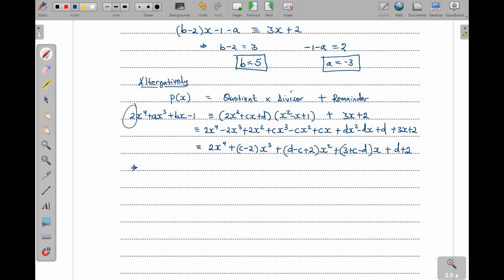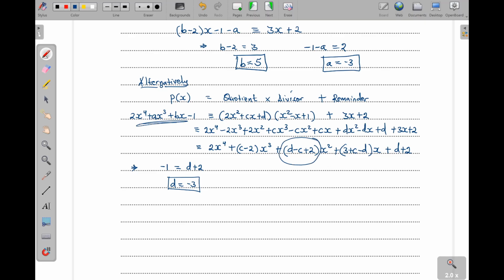So the coefficient of x power 4 is 2, and here it is 2. Then we have the constant. Let me begin with the constant, minus 1, and it's equal to this one here. So I'll say minus 1 is equal to d plus 2. That means when you bring this one here, it is going to give us d as minus 3. Then from there, I can go to the coefficient of x squared.